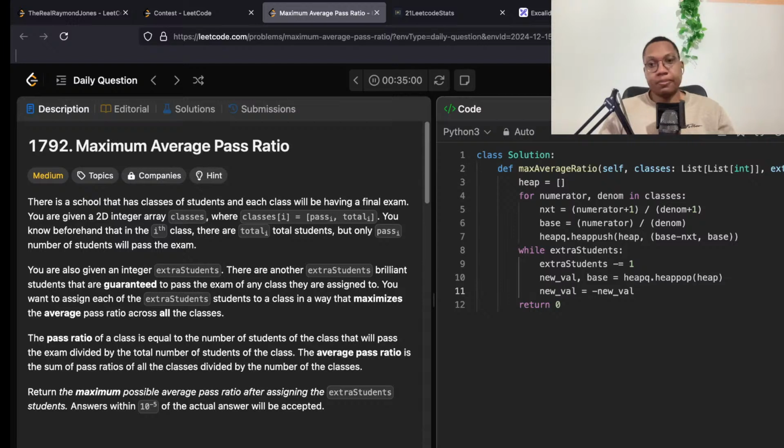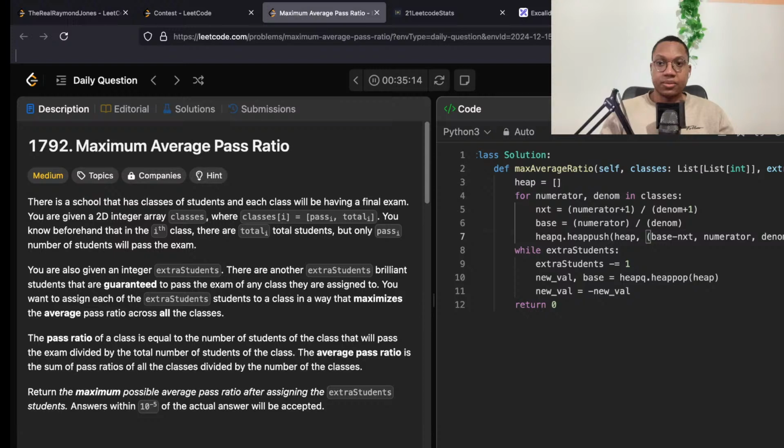No, base is bad. That loses data. Don't want to lose data, so make it numer, denom. And then don't care about the other one.